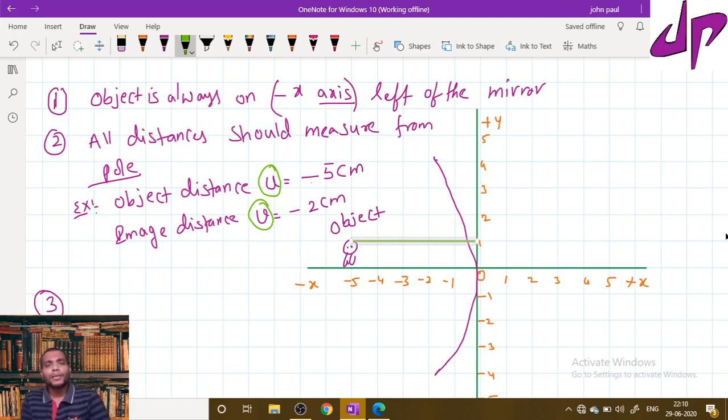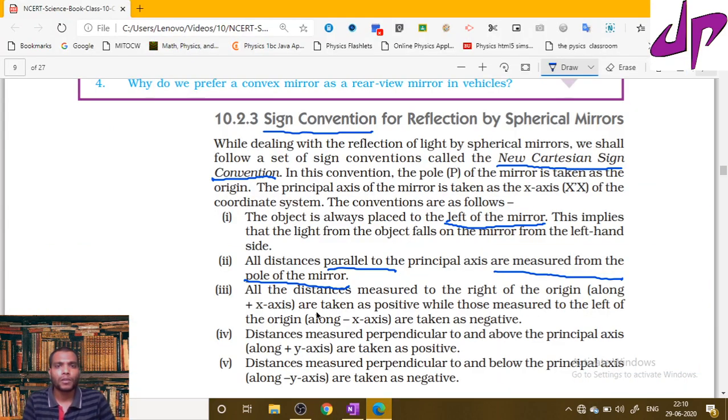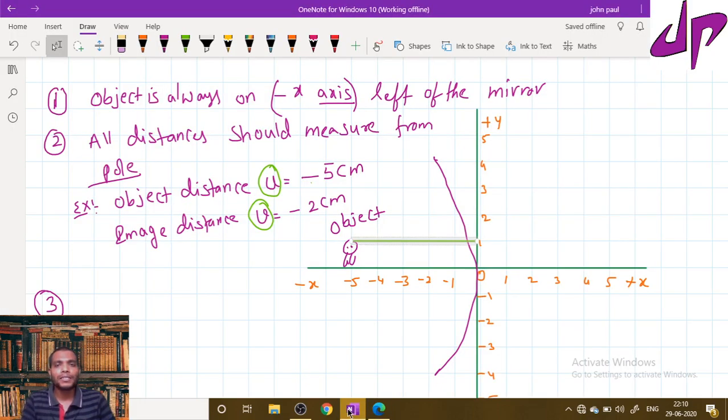Now how did I measure this? It is because the 1 is on the positive y-axis. That becomes the next rule, the fourth rule: distances measured perpendicular to and above the principal axis, along the positive y-axis, are taken as positive. Suppose you are measuring distances from the origin upward along the positive y-axis; in this case you should take the values as positive.